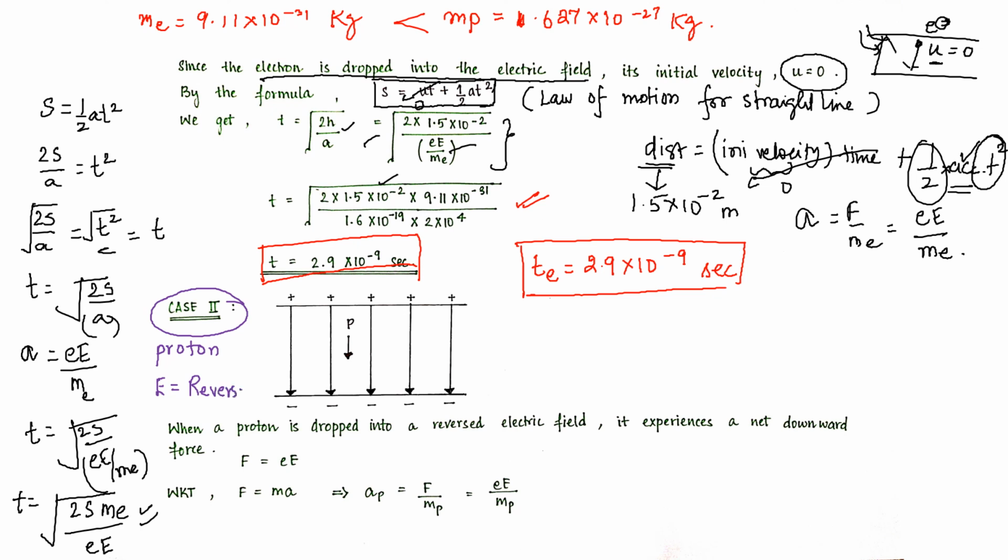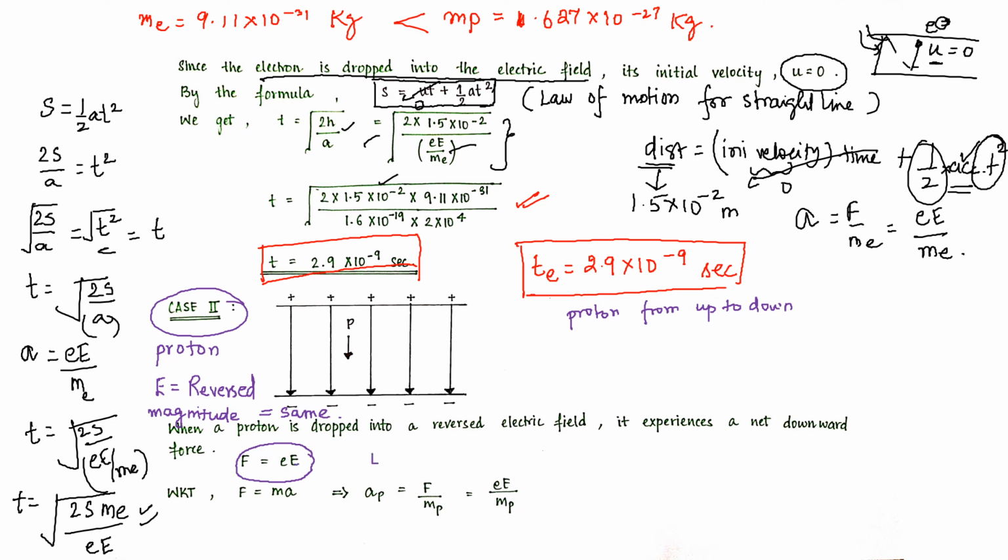What about the magnitude? Magnitude is same. Okay, again the proton will fall from up to down. So again we know that force equals eE.